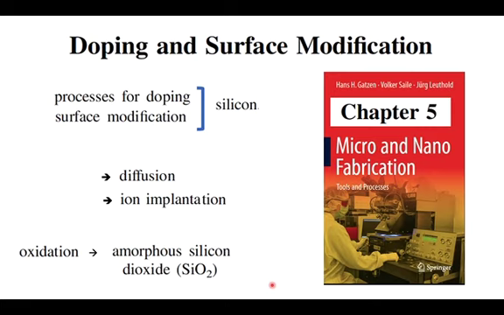You have a gate dielectric, and if you can make a part of the silicon substrate into silicon dioxide, then you have basically grown the gate dielectric material on the substrate itself. So that is another important process used for thin film based technology.